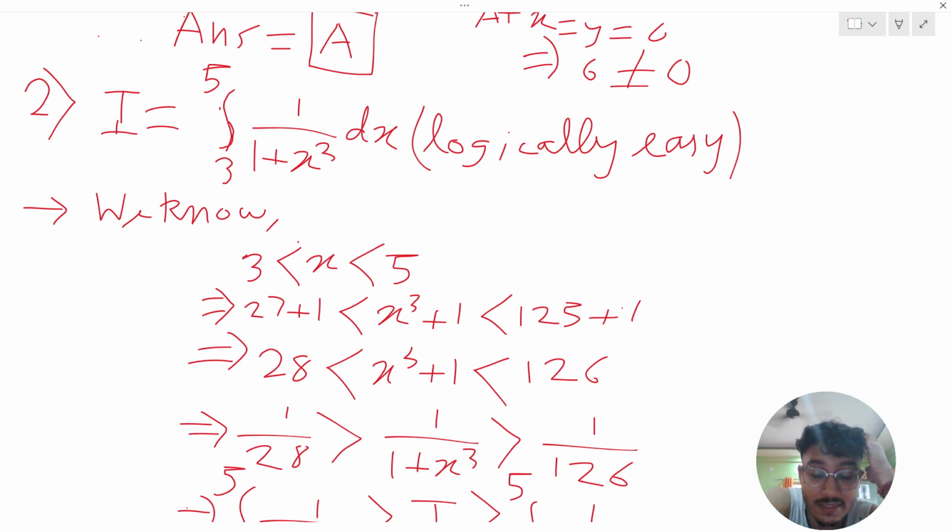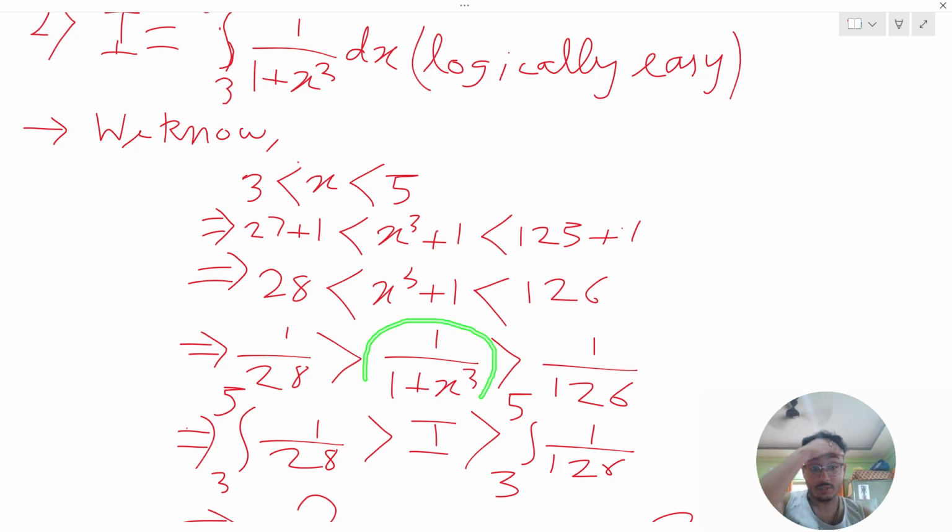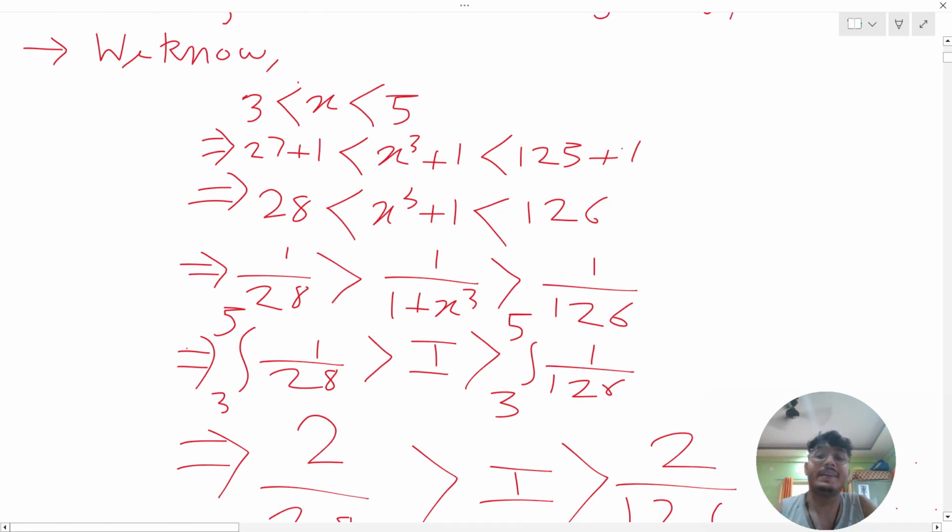So 1 by 28 is greater than 1 by 1 plus x cube is greater than 1 by 126. Our integral limit is 3 to 5, so we put here integral 3 to 5. This thing gives us the original integration. Then we apply the integration to all the parts of the inequality.